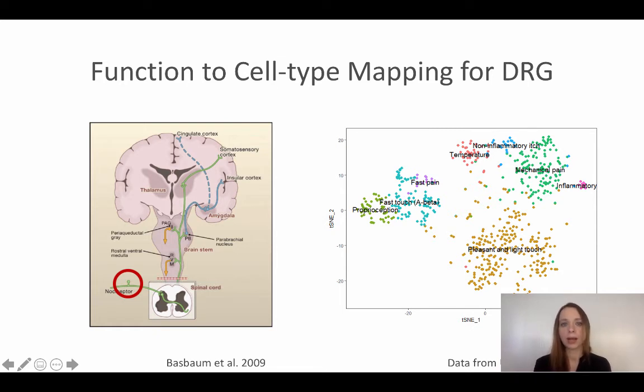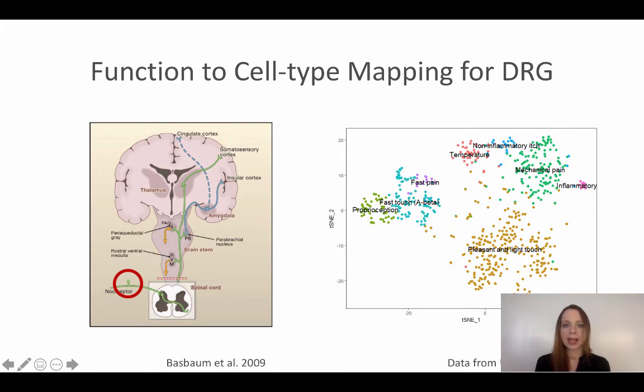In the dorsal root ganglion, we actually happen to know which cell types mediate which functions. On the right, I'm showing you color-coded cell types that mediate distinct stimuli. For example, the green cluster on the right mediates mechanical pain, something you would experience when you hit your toe. And the red cluster mediates pain caused by high temperature.